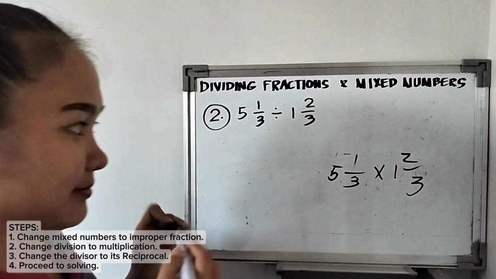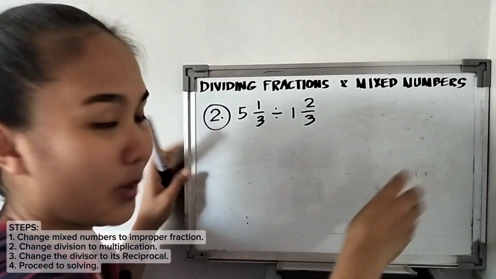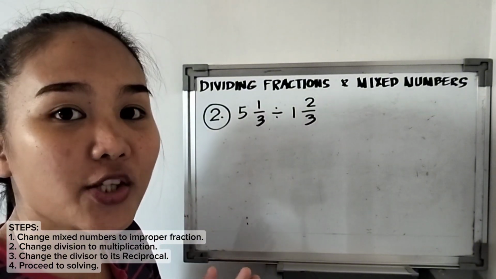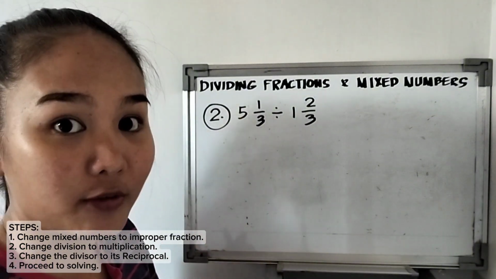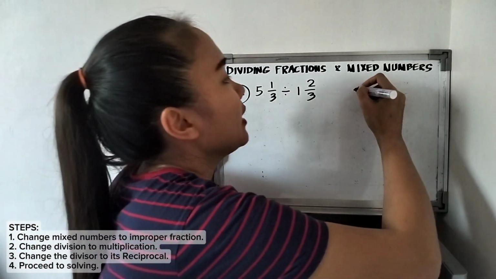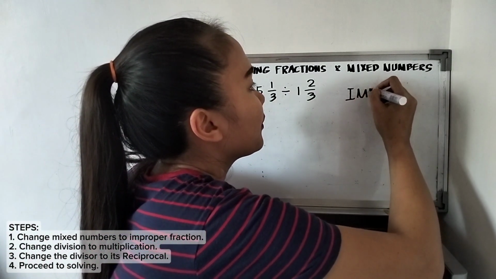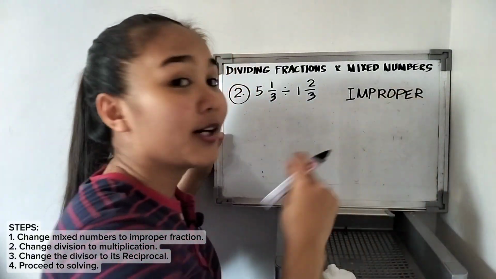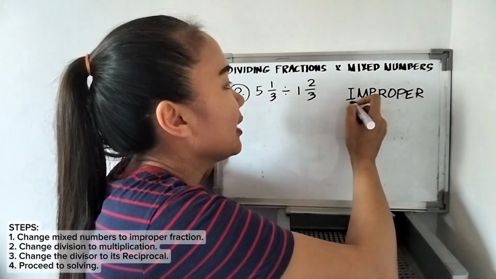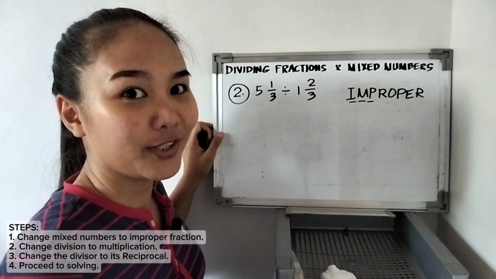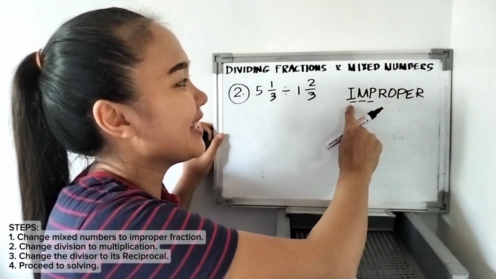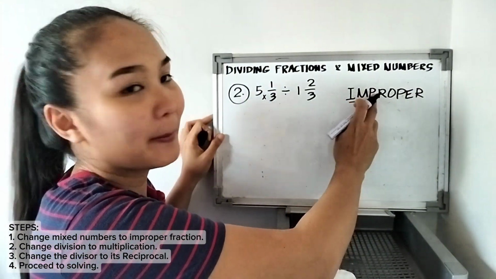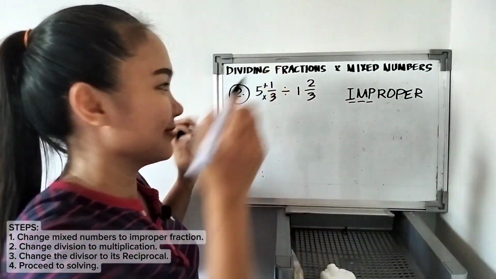So let's proceed now. What is the first step? Very good. Change mixed numbers into improper fractions. Again, for the word improper, just remember the letters I, M, P: to improper fraction means multiply, then add.